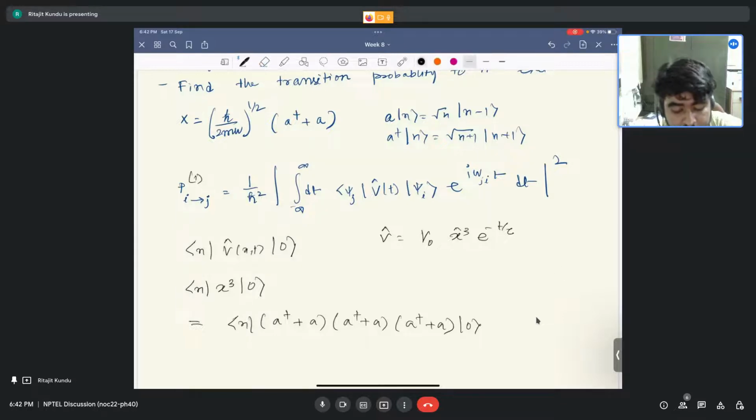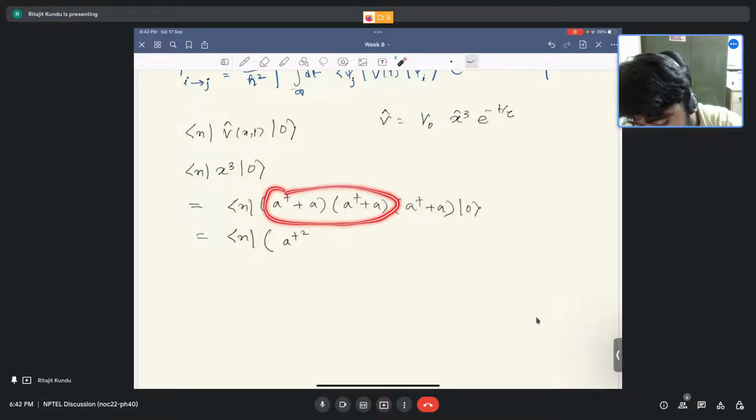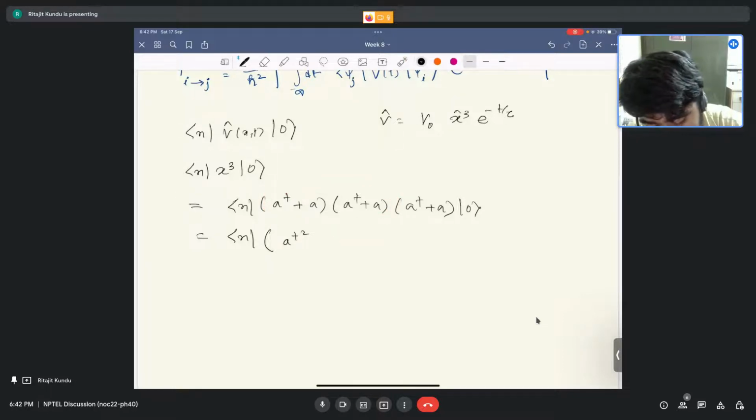So the best way is to expand manually, without using any formulas, to avoid mistakes. Let us do part by part multiplication. I will multiply these two first: a dagger squared plus a dagger a plus a a dagger plus a squared.